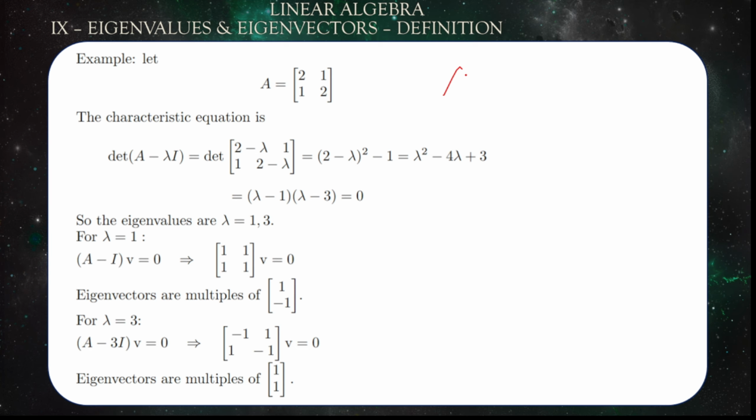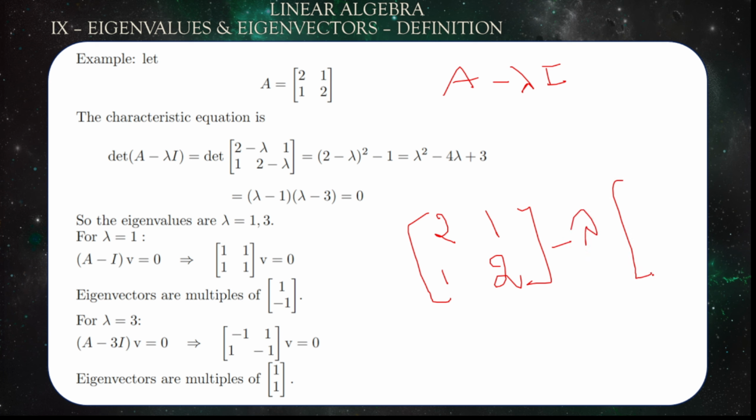We start with A minus lambda I, with I being the identity matrix. So A is [2, 1; 1, 2], minus lambda multiplied by the identity matrix having the same size as A, which is [1, 0; 0, 1], 2 by 2, 2 rows and 2 columns.